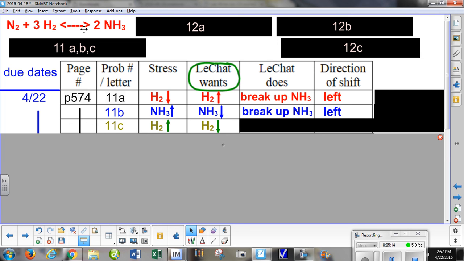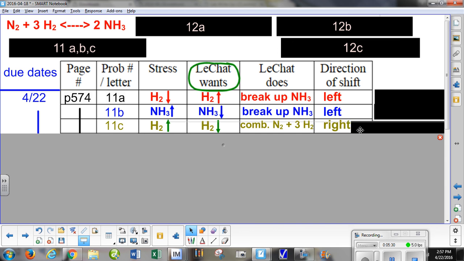If he breaks this guy up, will he have less hydrogen or more? More. So what does he do? Shift. He's got to combine them. Okay, got to combine them. That's what's on the left side of the equation. And he's going to shift that over to the right to make more of the ammonia and use this stuff up.